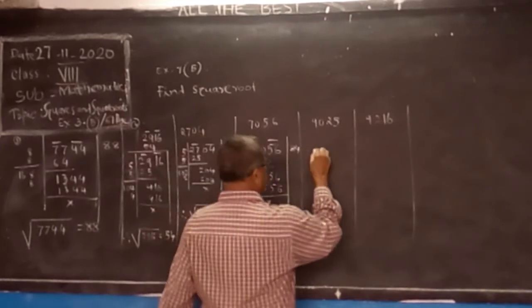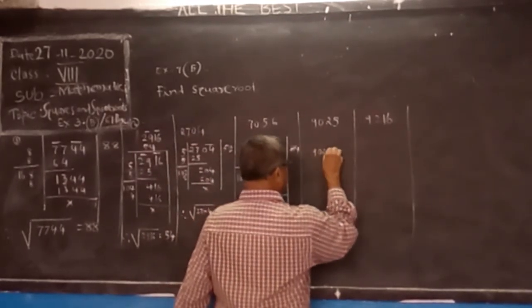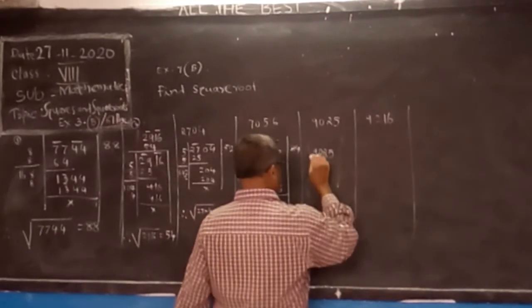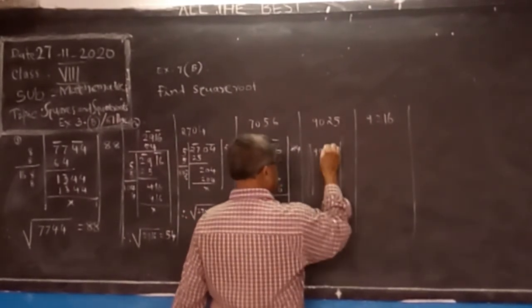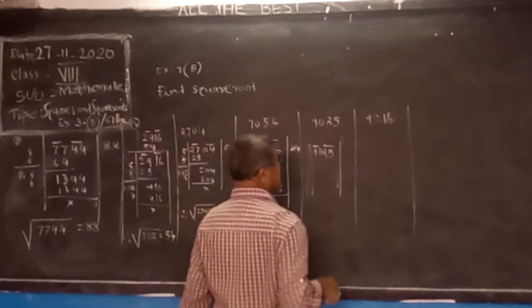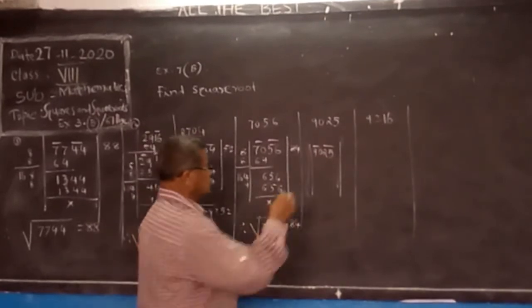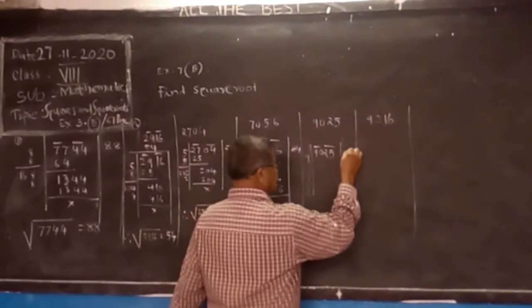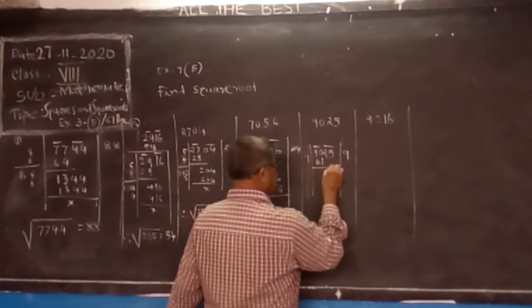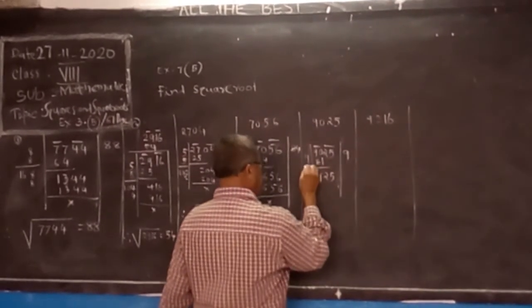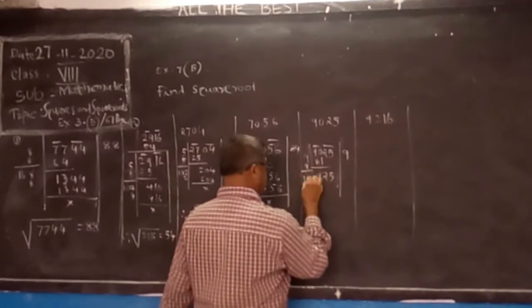Now 9025. Make pairs. 9 nines are 81, 10 tens are 100, not going. So 9 nines is possible. 9 nines are 81, remainder 9, then 25. Repeat the same number, 18.